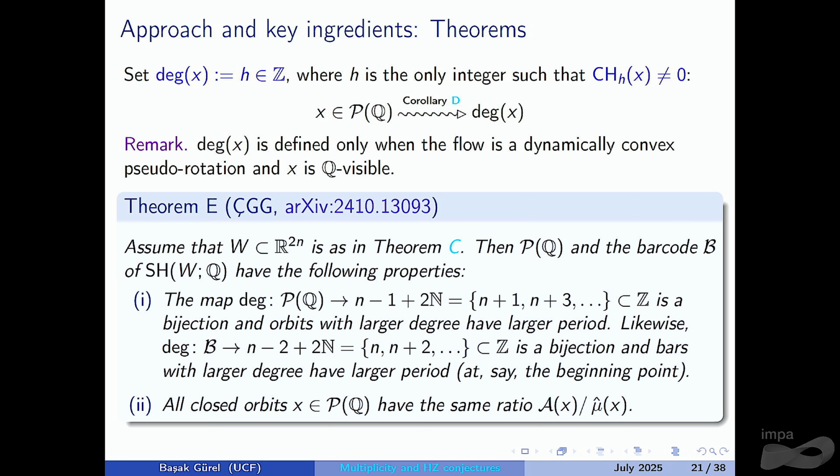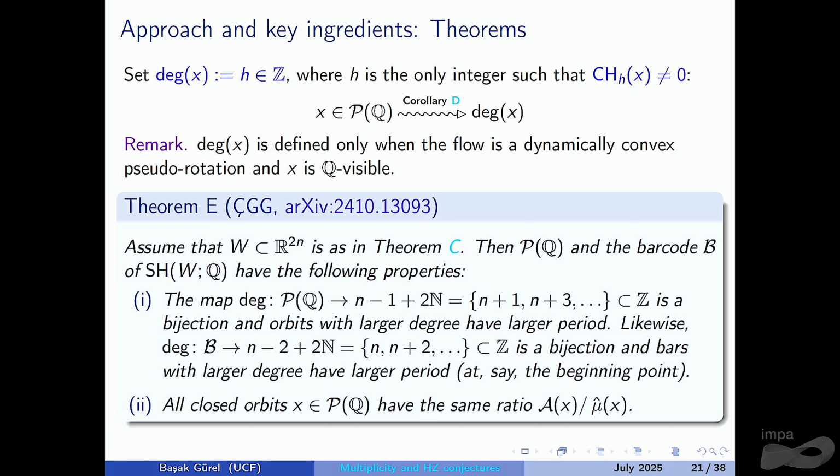Now the next theorem is sort of a bridge between theorem C, corollary D, and the actual results. We're in the setting of theorem C, so a DC pseudo-rotation on the standard contact sphere. This is the set of Q-visible orbits, and this is the symplectic homology barcode over Q, as I have introduced.